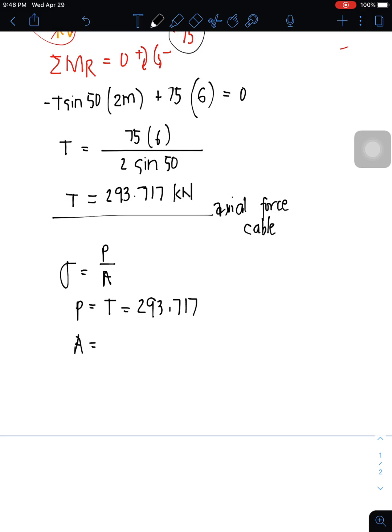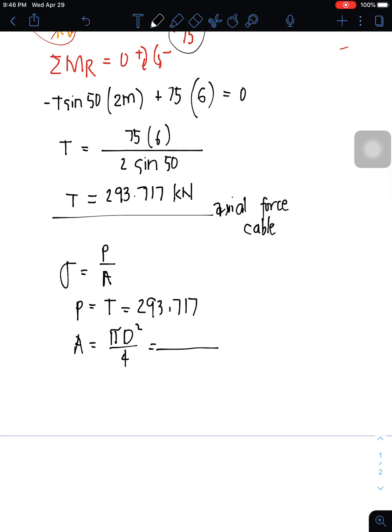Since it's a diameter, it's a circle, so the area is pi d squared over 4.